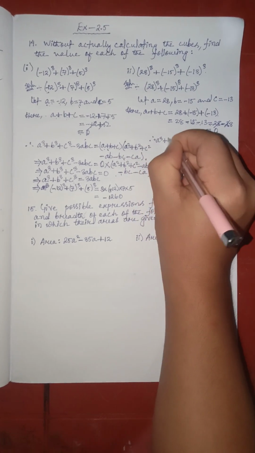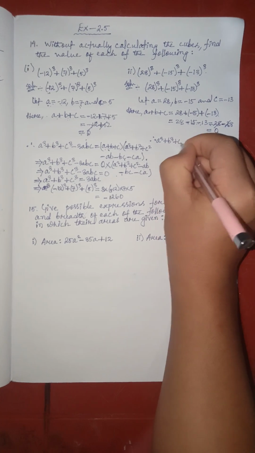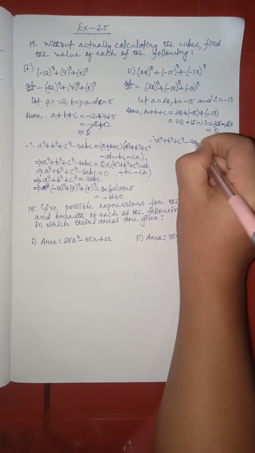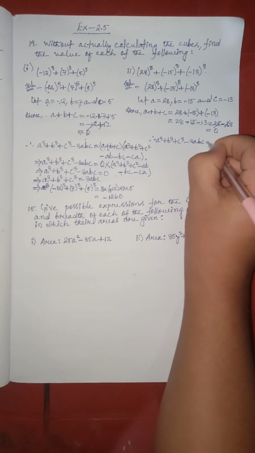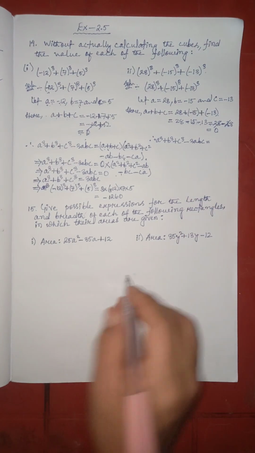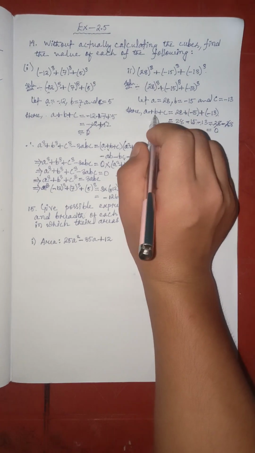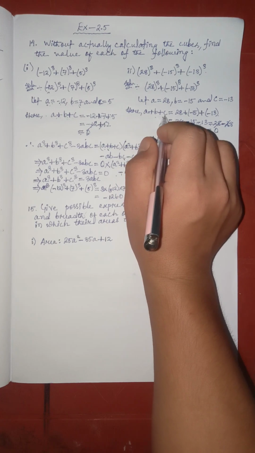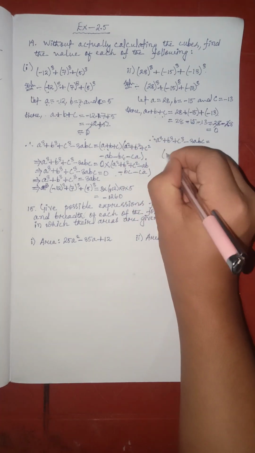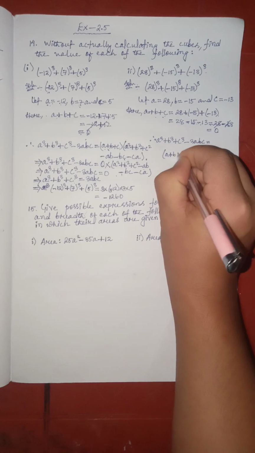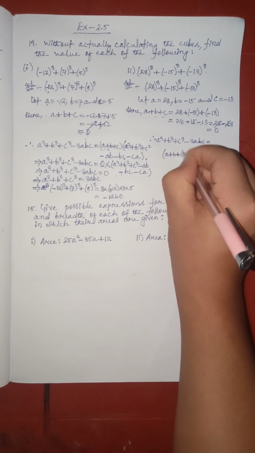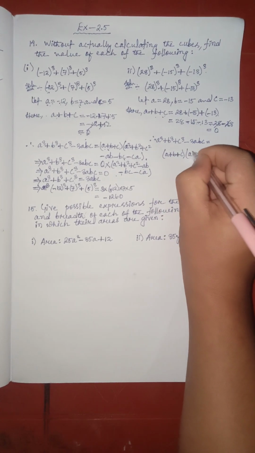A cube plus b cube plus c cube minus 3abc. You see here, since the value of a plus b plus c that we have is 0, in order to understand it better, let us write it again once more.